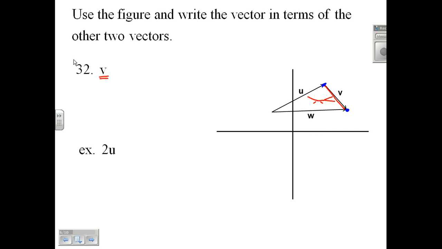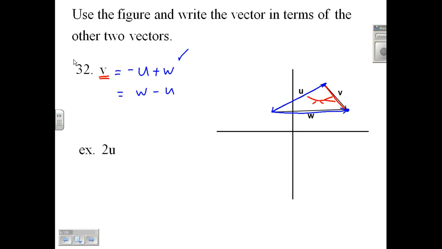So my option, if I start here, I think the most clear option would be I could use the u vector, but I am going backwards, minus u, and then use the w vector forward, plus w. Note, we have an alternative to this. Algebraically, we could write that as w minus u. And sure we could.